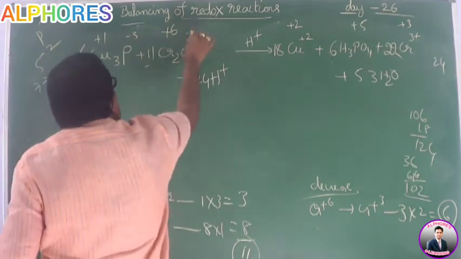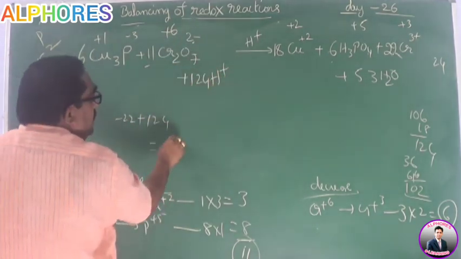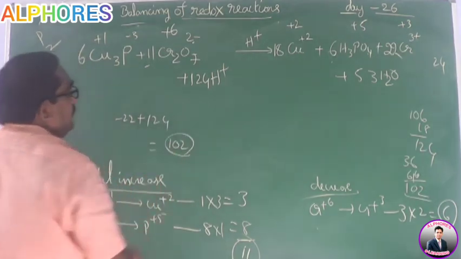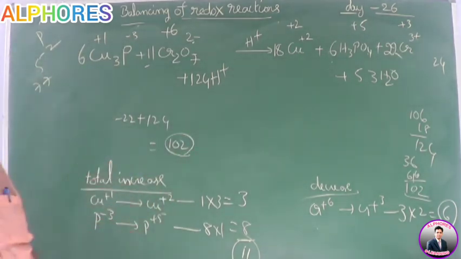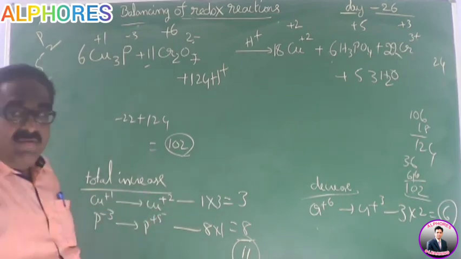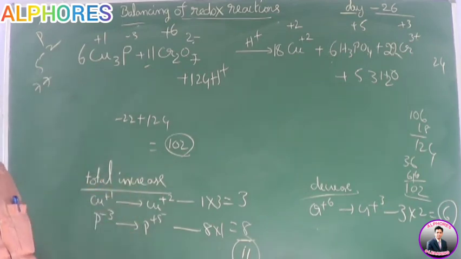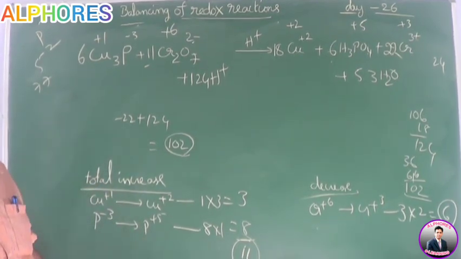Here 11 into 2 minus 22 plus 124 H plus gives 102 plus. So charges are also balanced on both sides. So this is the final balanced equation. Okay students, please note it down and then we will go for the next.